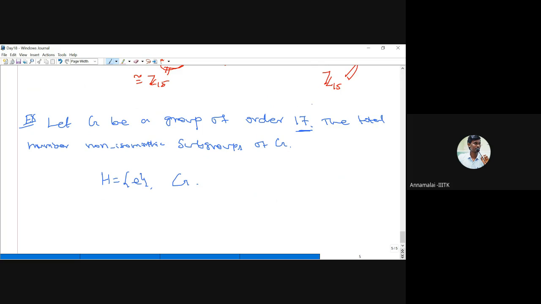These two subgroups are not isomorphic, because the order of H is 1, containing only one element, while the order of G is 17. Therefore, there are two non-isomorphic subgroups. The answer is 2.